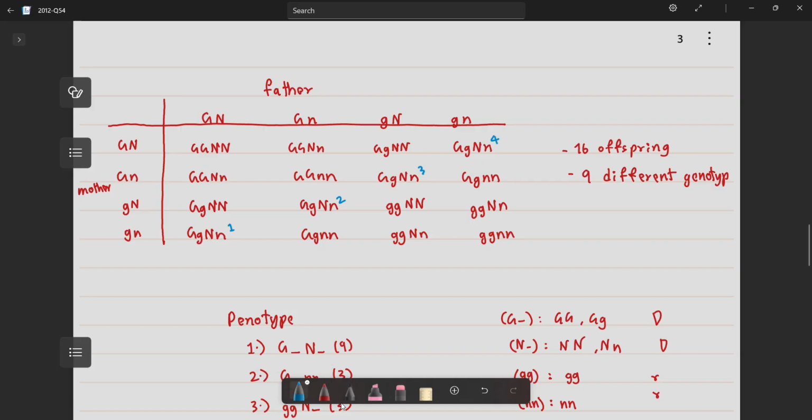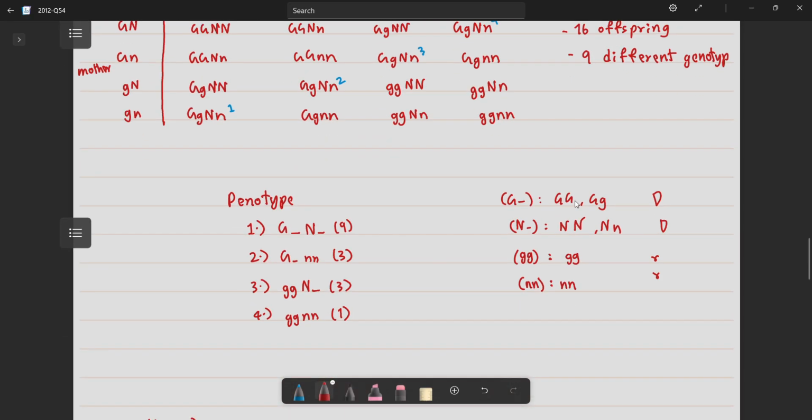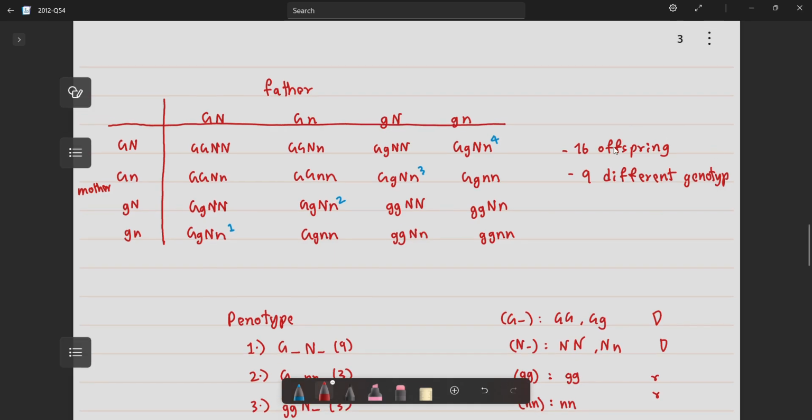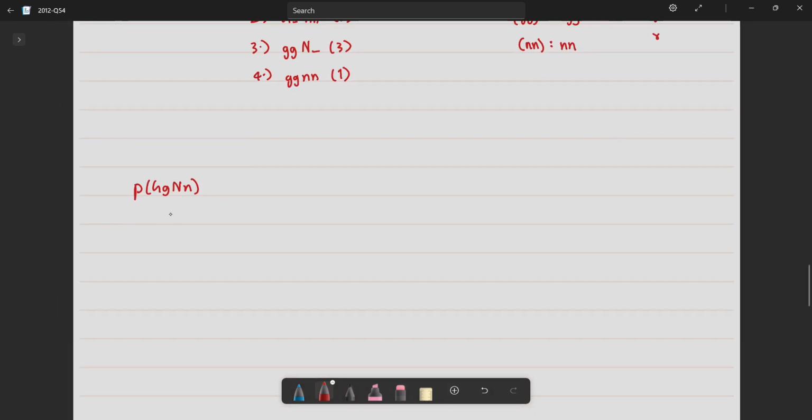So there are only four of them out of 16 offspring. So 4 divided by 16 gives 1 by 4. So this has very little chance. There's only a 1 in 4 chance of having offspring with this genotype, which is approximately 0.25.